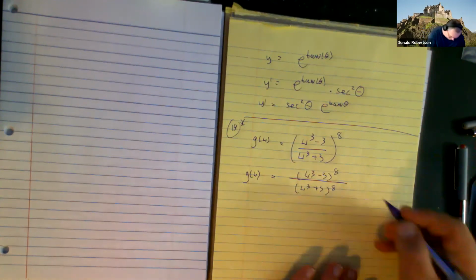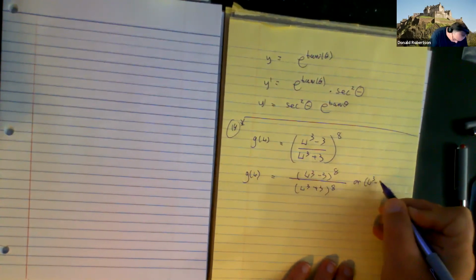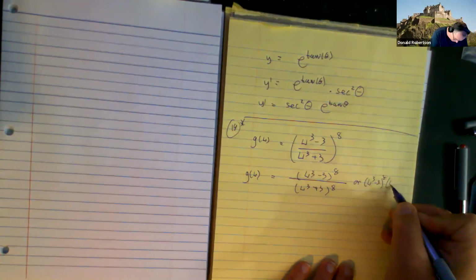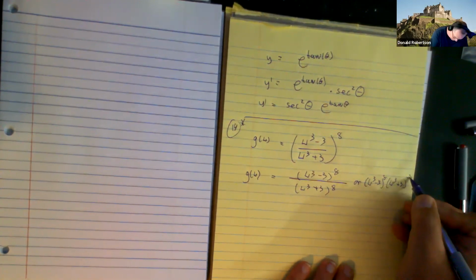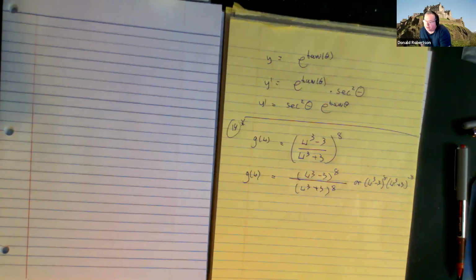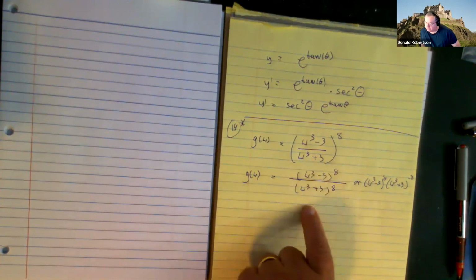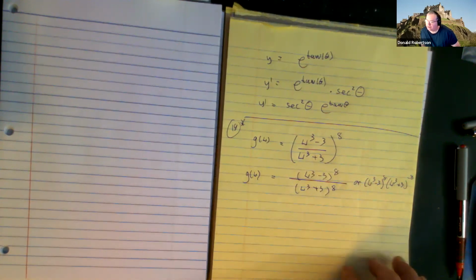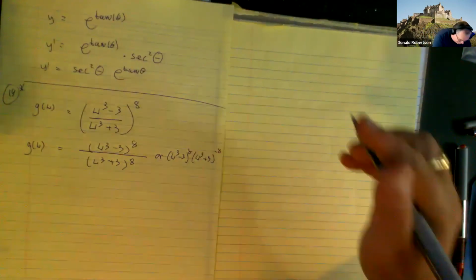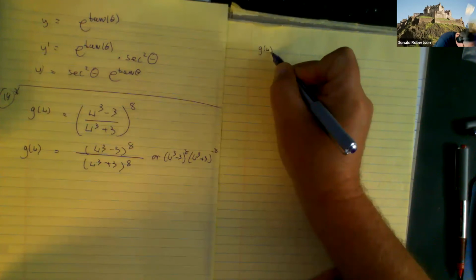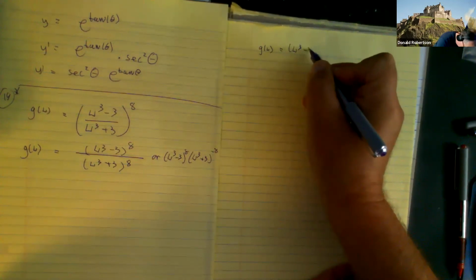I could rewrite it like that, can I, and do it as a product rule. Agreed? They're both equally good or equally bad. So, I mean, pick the one you like. I'm going to do a quotient rule, because we haven't done one yet, right? We haven't done a chain rule that had a quotient rule in it, so let's do that one. So, I have this situation.